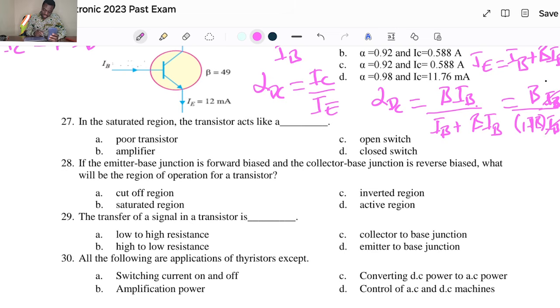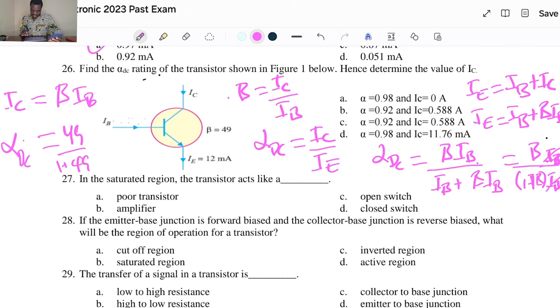Then we are just going to have alpha DC equal to beta over 1 plus beta, which is 4.9 over 50. That gives me 0.98. If you look at the values we already have, we have 0.98 as one of the options.